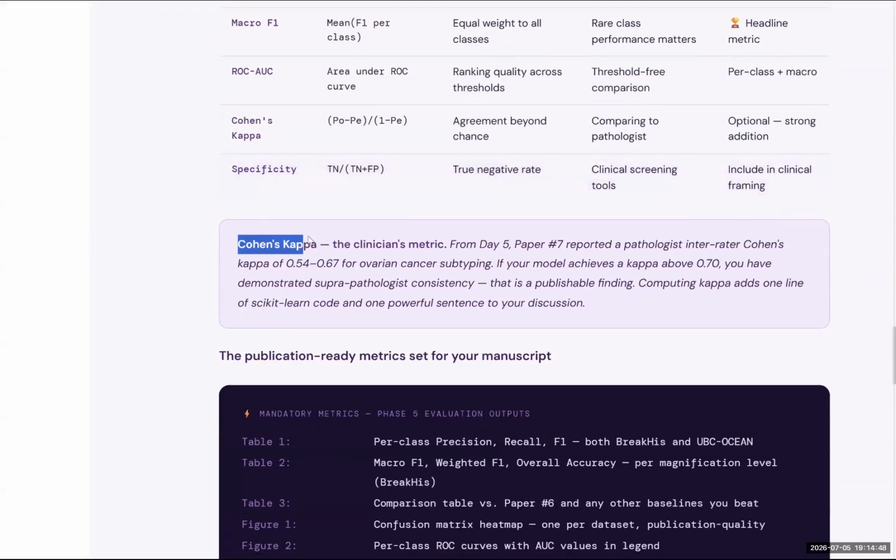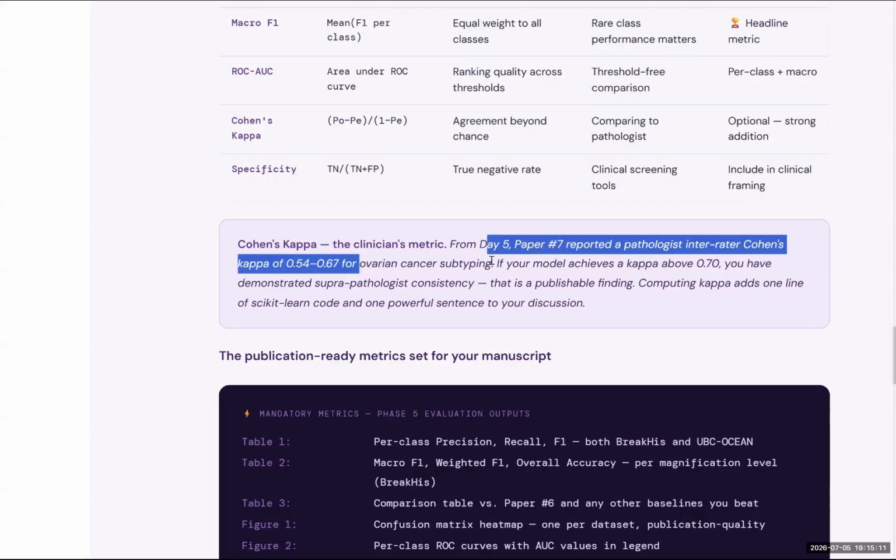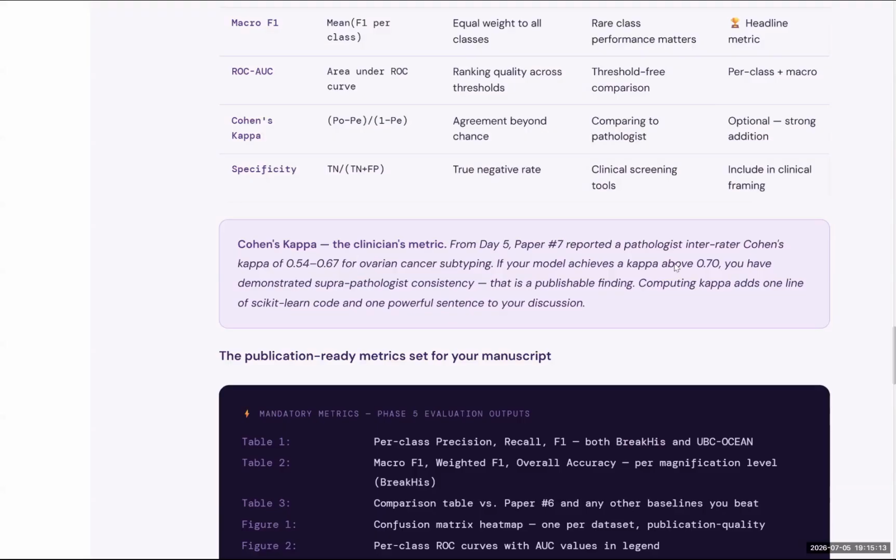So something more about Cohen's kappa is here. In the paper that we referred to for our baseline model, they had a value of 0.54 to 0.67, and specifically we saw that in ovarian cancer subtyping. So even if we achieve more than 0.7, it is saying that you have achieved near pathologist consistency.